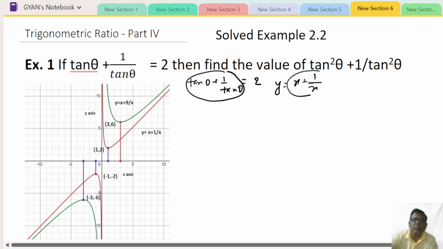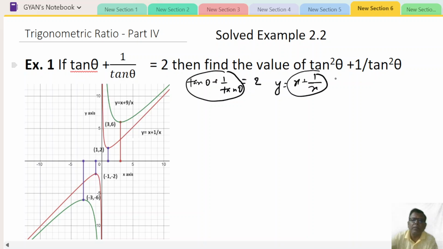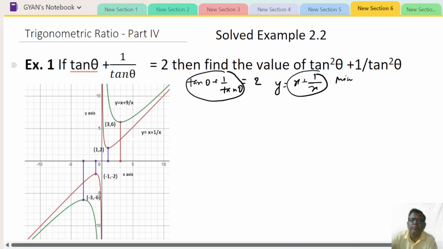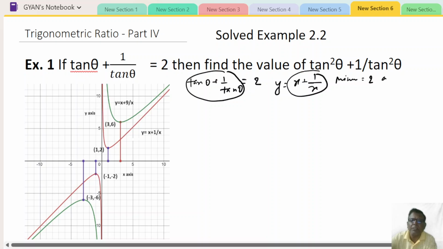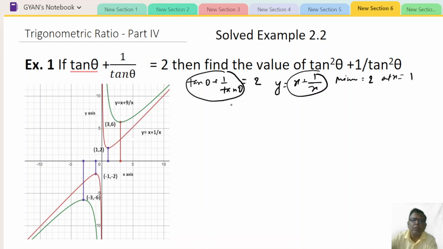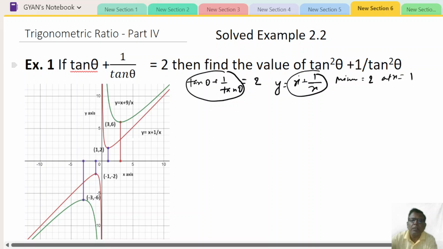This value will be minimum 2 for any positive x, and it is minimum at x is equal to 1. So x is 1 and 1 by x is also 1.